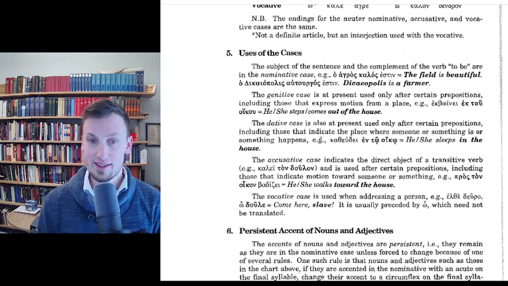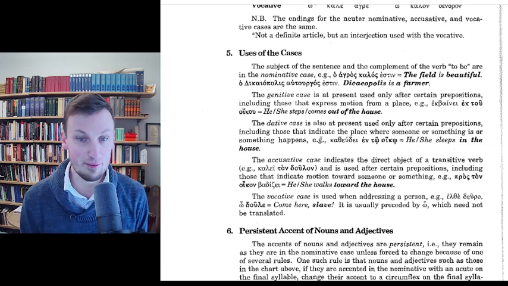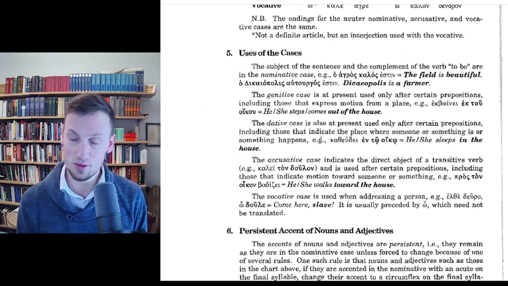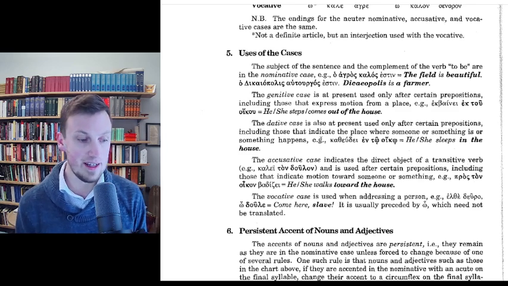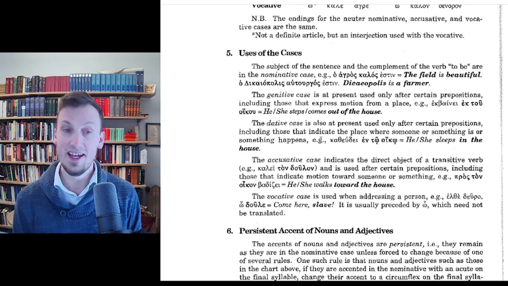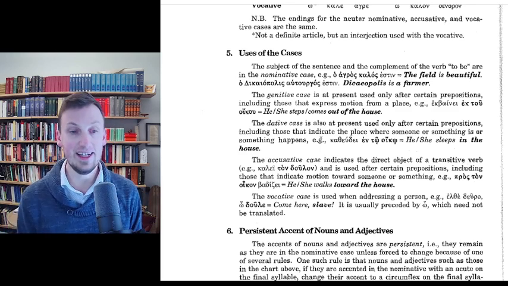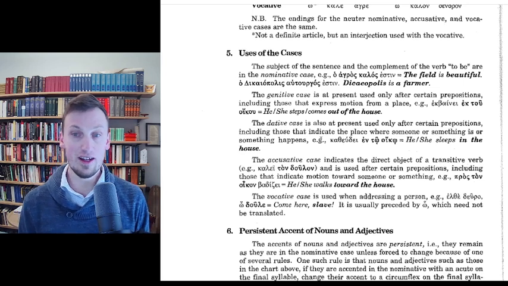Now, the genitive case, fundamentally, this is going to differ a little bit from what your textbook says, but trust me on this one. The genitive case, the proper genitive case, is adjectival. It is a way of modifying a noun, and it is often expressible with the English word of.